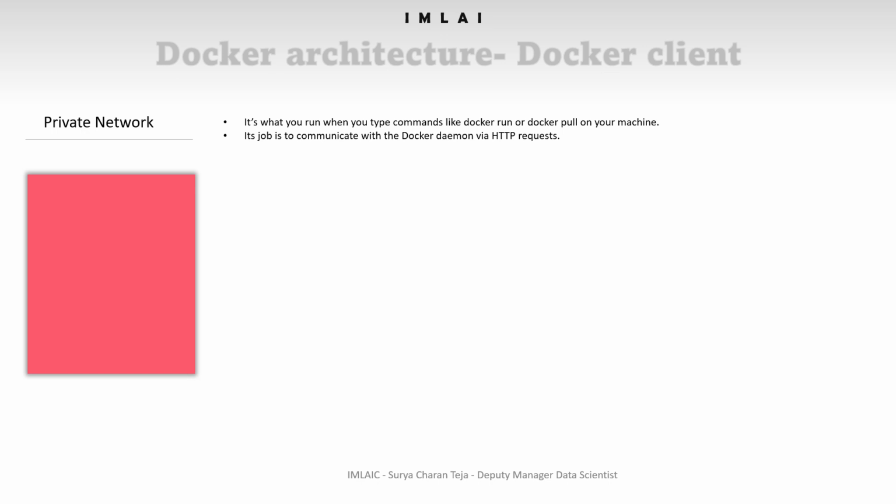It's what you run when you type commands like docker run, docker pull, docker push, docker build, docker tag, docker stop, docker start, docker rm, docker rmi. On your machine, its job is to communicate with the Docker daemon via HTTP requests.